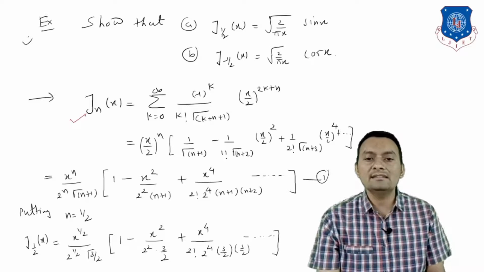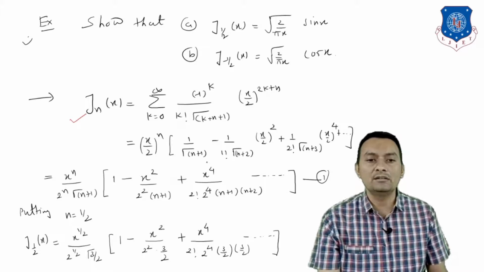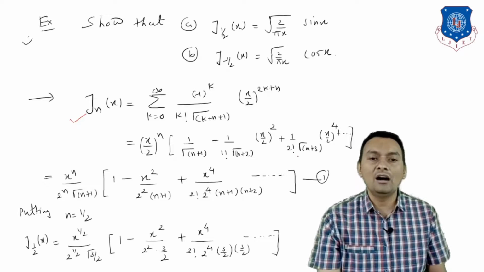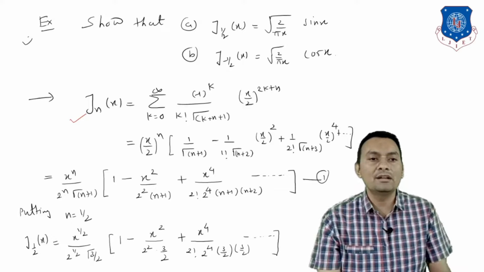But we have this Jn x formula, but what we are doing here is taking x by 2 raised to n as common, and then we need to vary k equal to 0, 1, 2, 3 and so on. So after varying all these values of k, what you can observe is that you can write x raised to n divided by 2 raised to n, and gamma n plus 1, which can be taken common from the denominator, because we have the result that gamma n plus 2 can be written as n plus 1 into gamma n plus 1.